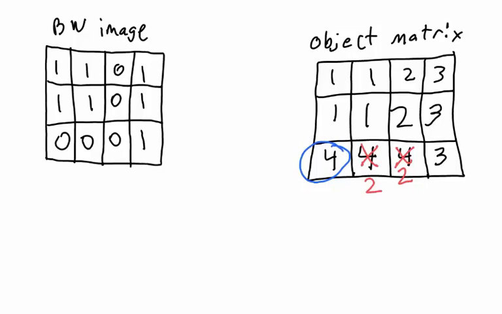Often this tends to happen in the first row or the first column, where we do not have a full set of pixels to the top and to the left that we can use to apply the rules. So this object labeling approach is good and it works in most cases, but it is not error-free. Does not work all the time. But it's a simple method that is easy to apply and works in most cases, and so it's a popular algorithm to use.